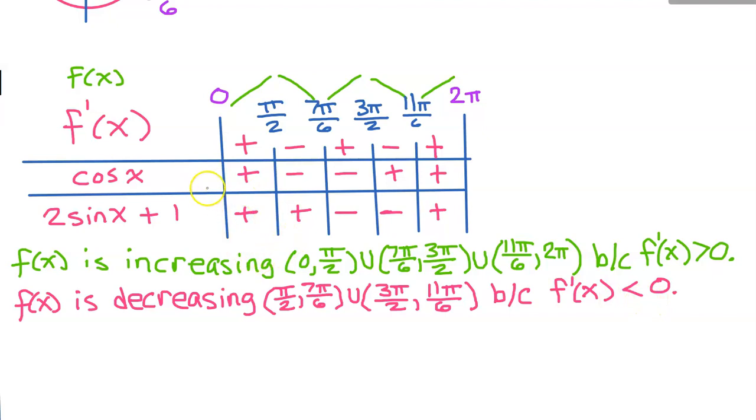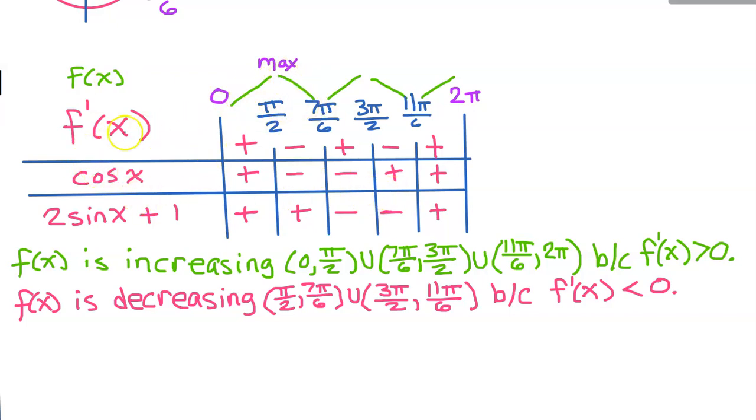What about the relative maxima and relative minima? If you look at my little hints here about f of x increasing and then decreasing, you can tell that there must be a relative max here at pi over 2. But you can't say for a justification that there is a max at pi over 2 because f of x is increasing and decreasing.